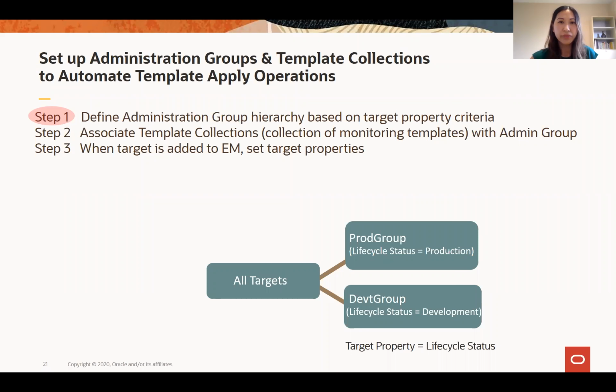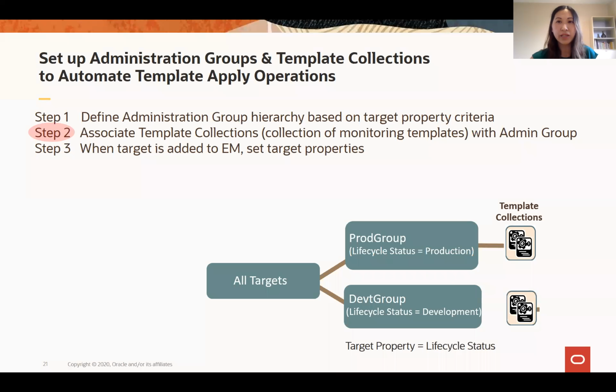So the first group is production and the second group is development. As part of the administration group definition, you would associate template collections to the admin group. And the template collection contains target-specific monitoring templates and settings, compliance standards, and cloud policies.